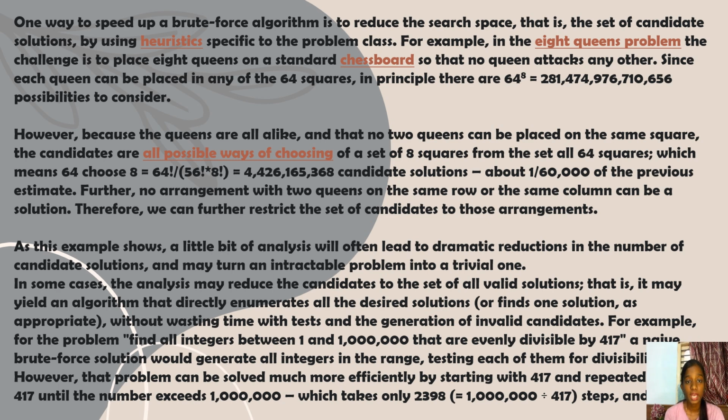Since each queen can be placed in any of the 64 squares, in principle there are 64 to the power 8 possibilities to consider. However, because the queens are all alike and no two queens can be placed in the same square, the candidates are all possible ways of choosing a set of 8 squares from the set of 64 squares.